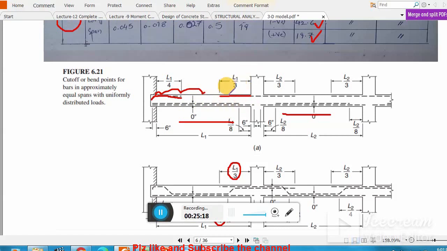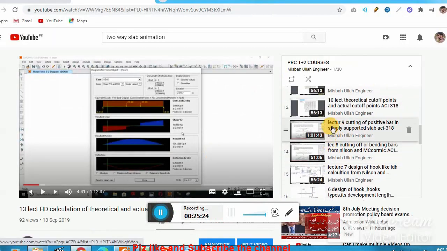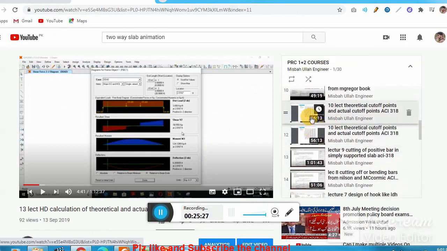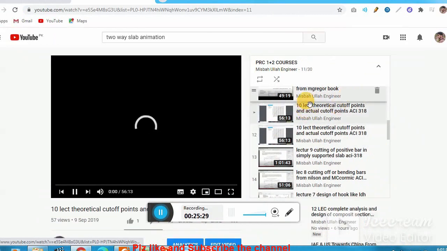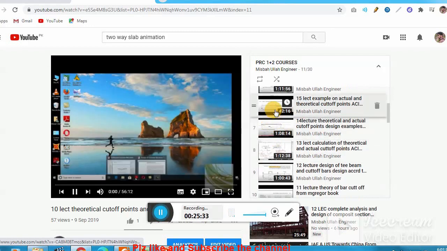For that purpose you need calculations, and I explain here those calculations, how you have to provide those bent up bars using different graphs, using mathematical work, in very detail.